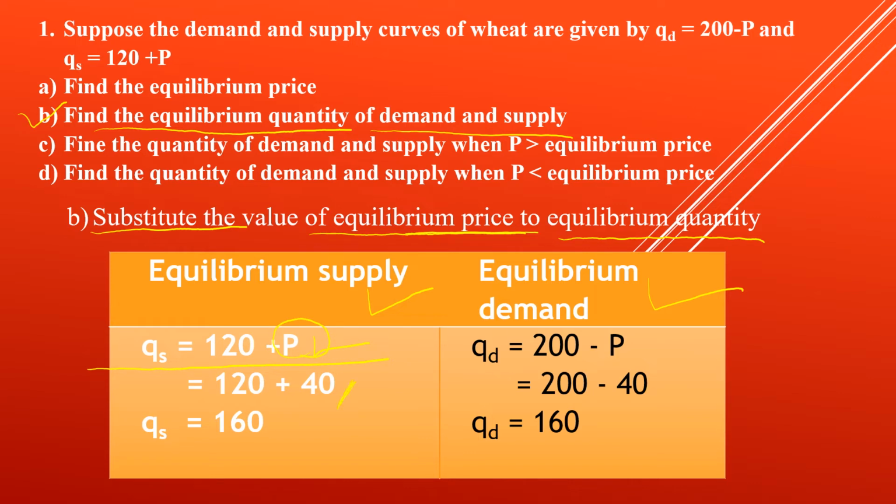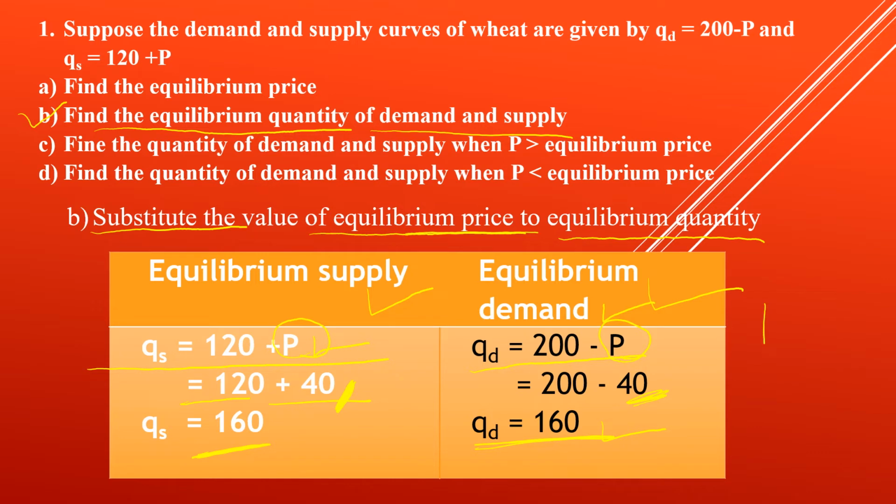According to the previous solution, we got P equal to 40. So 120 plus 40, you will get 160. And here also you can see the equation for demand, QD equals 200 minus P. In the place of price, substitute the equilibrium price. You can find the quantity demanded, that is 200 minus 40 equals 160.